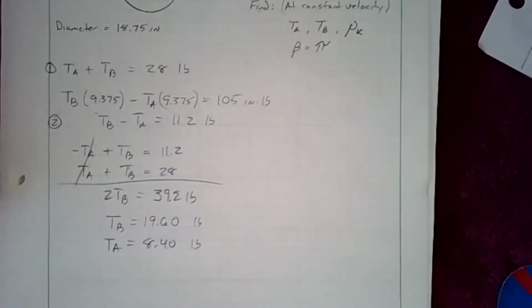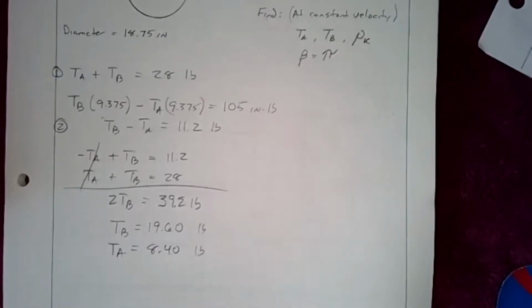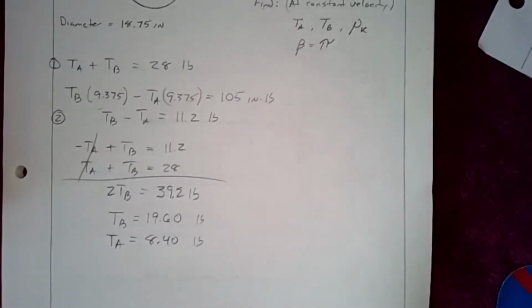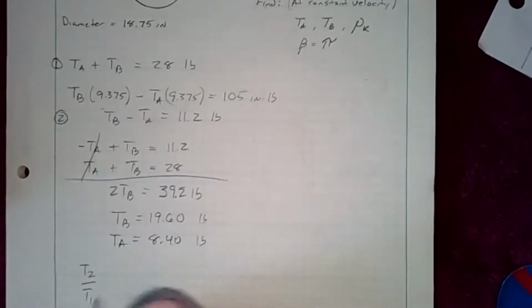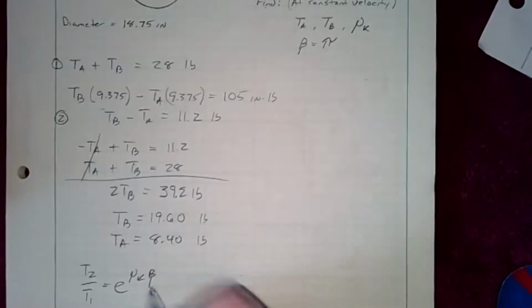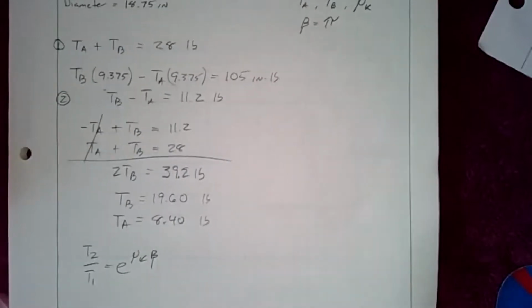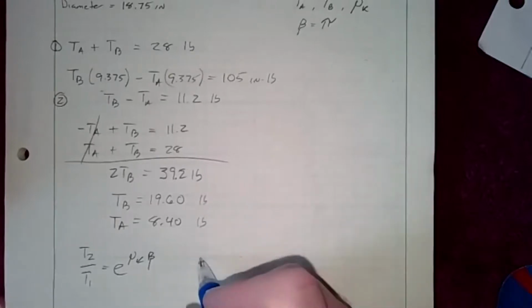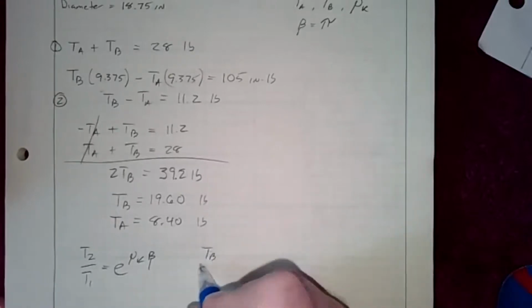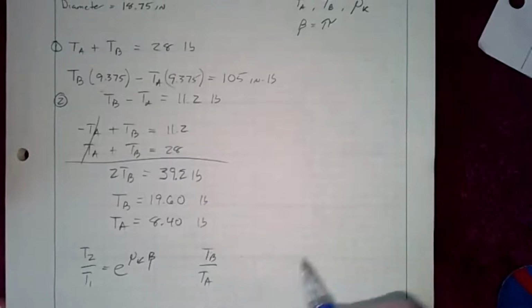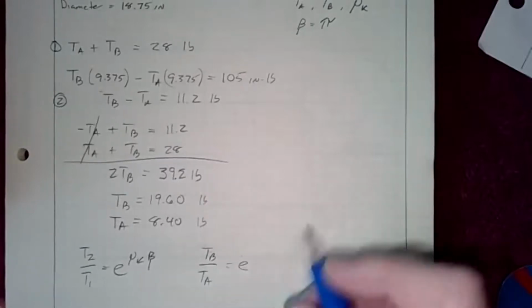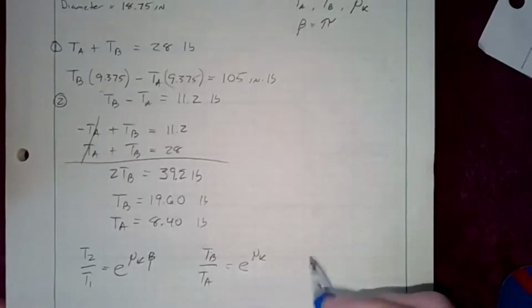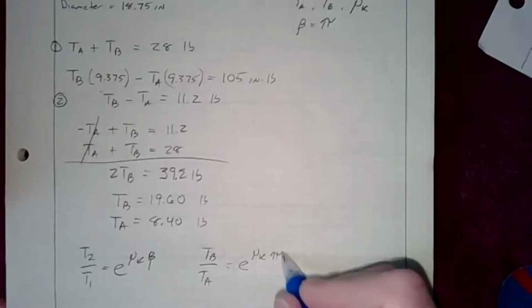The last thing we want to know is, what is the kinetic coefficient of friction? Now we have everything we need, because we know that T2 over T1 equals e to the mu kinetic times beta. So TB, since it's the greater, over TA equals e to the mu K times beta, which we know is pi.